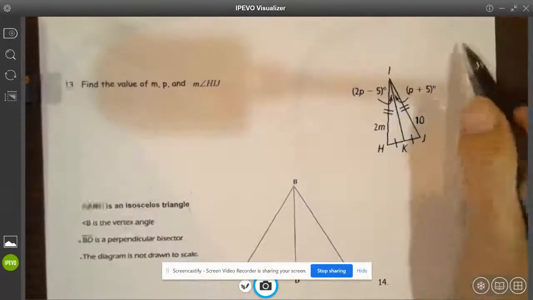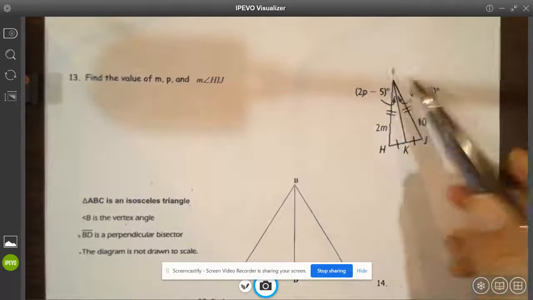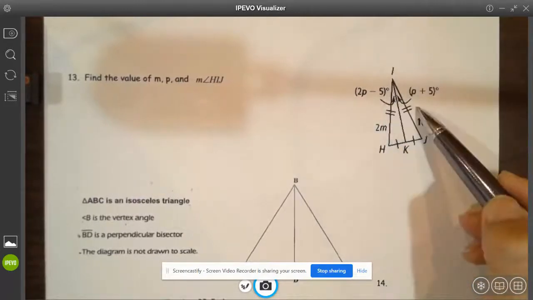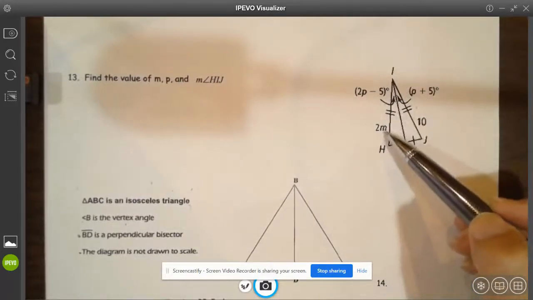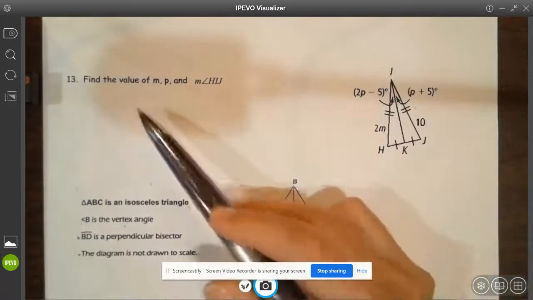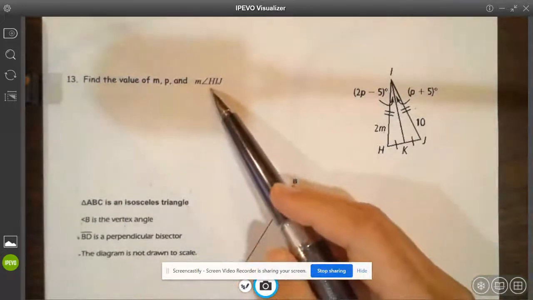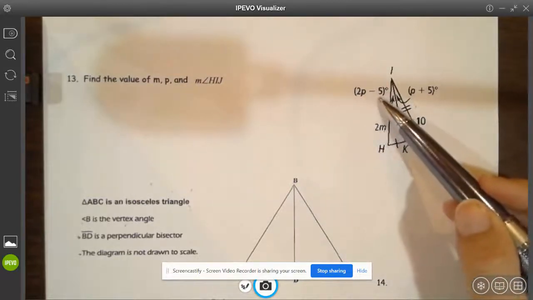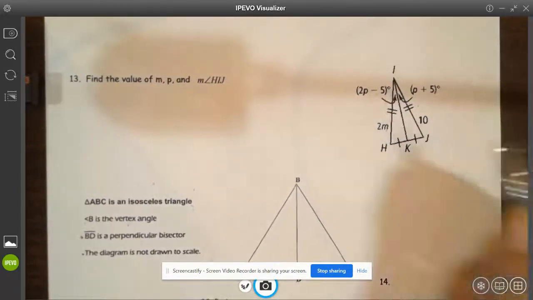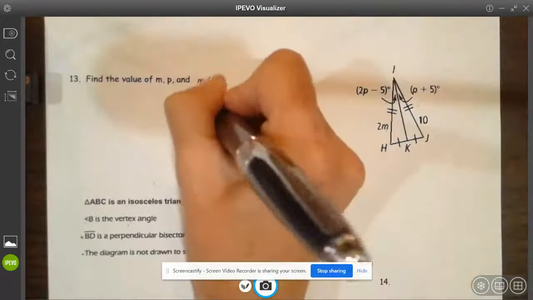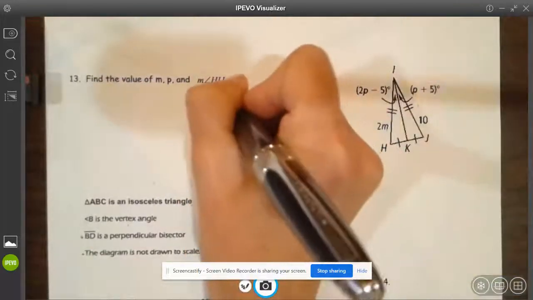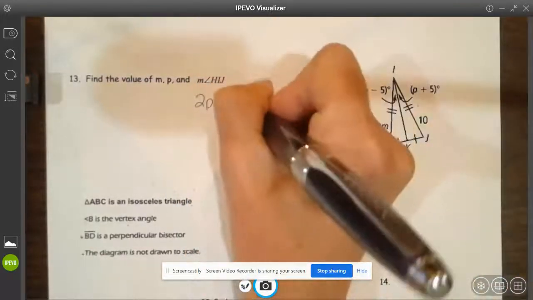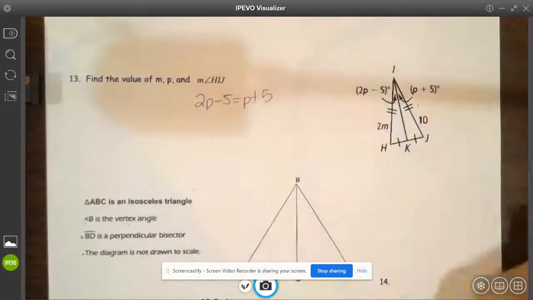Now here they're looking for the angles, but they also want you to look for, so it says find the value of m, p and angle HIJ. So let's look for the angle HIJ first. So we set them up equal to each other. So that's 2p minus 5 equals p plus 5.